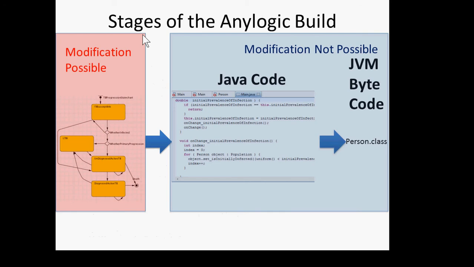Most of us have been working with AnyLogic in the capacity of working with these declarative mechanisms, like state charts. So you sketch out a state chart. You can look at it from a high level of a sense of what it means in terms of the possible progressions. We know if there's a transition from one state to another, either directly or indirectly, it means you can go from that state to this other state.